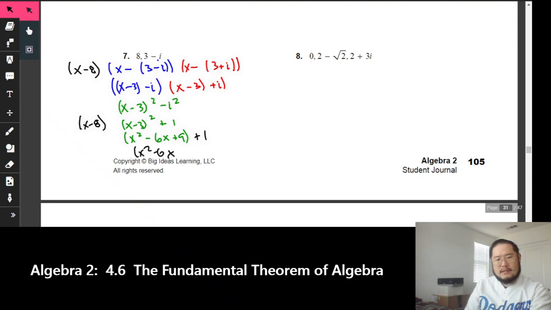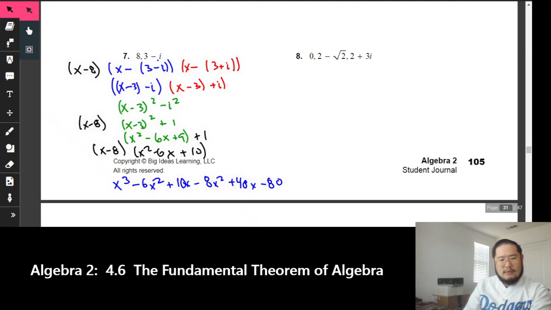x squared minus 6x, and then right here plus 10. So now we've got all that simplified. Then we multiply it with the x minus 8. All right, good times right here. Multiplying this all the way through, we've got x to the third minus 6x squared plus 10x minus 8x squared plus 48x, and then minus 80.